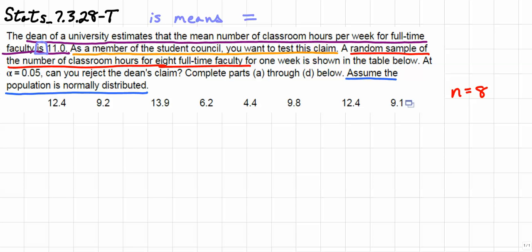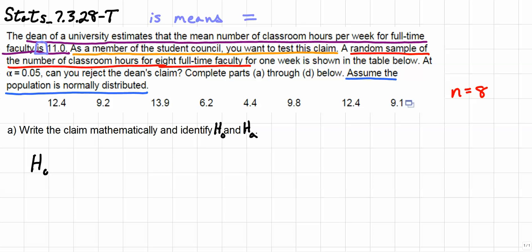Now, you want to test this claim as a member of the student council, which means that first off, you need to write the claim mathematically and identify your null hypothesis and your alternative hypothesis. The first thing to remember is that the null hypothesis is always a statement of equality. And we're going to pull that from what the dean is stating as the mean number of classroom hours. Since this represents a population, it's going to be the population of faculty at the school.